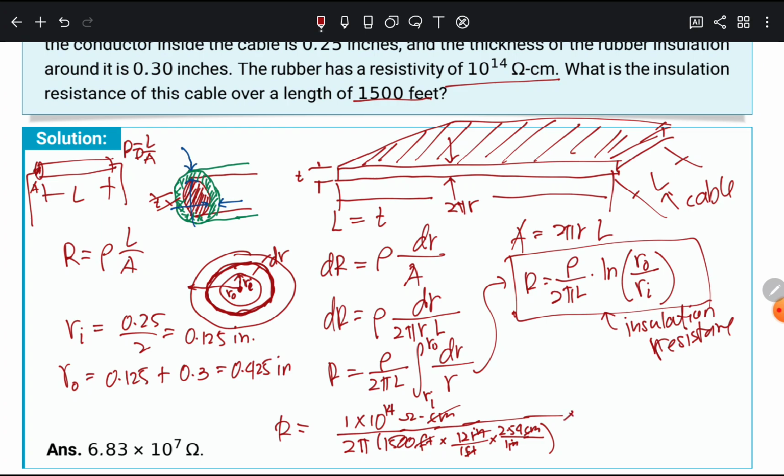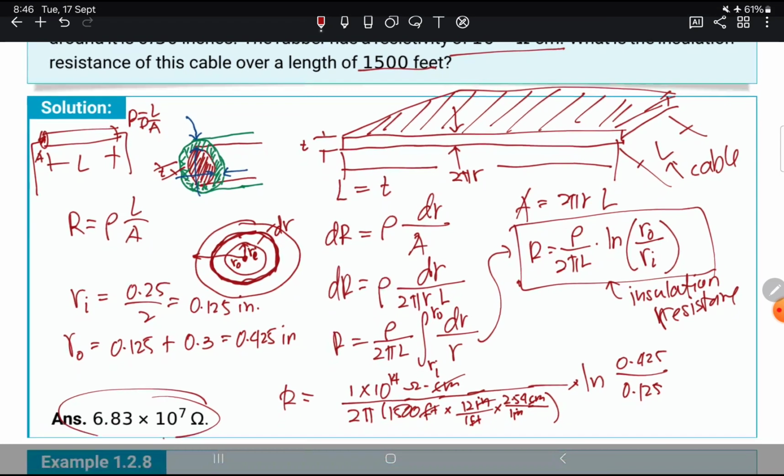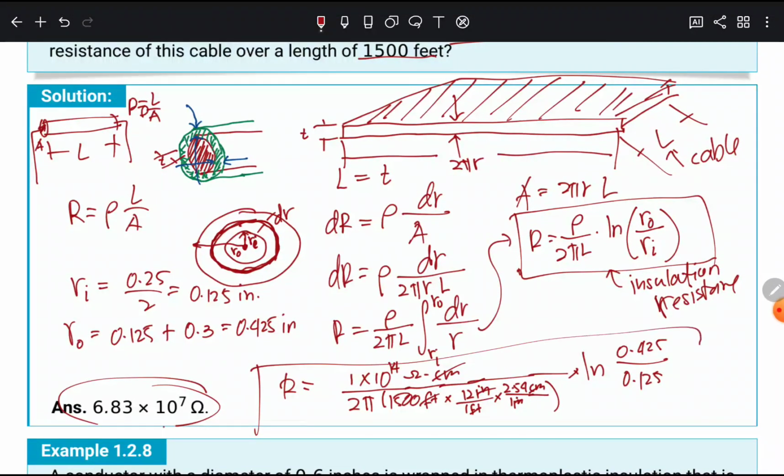Then you multiply this with ln of r out, which is 0.425, divided by ln 0.125. I don't think the answer is correct here. You can just check it. As long as you follow this step and this formula, your answer should also be correct.